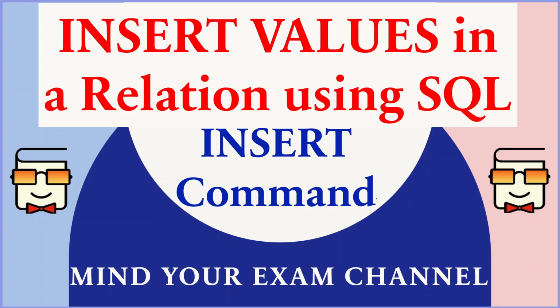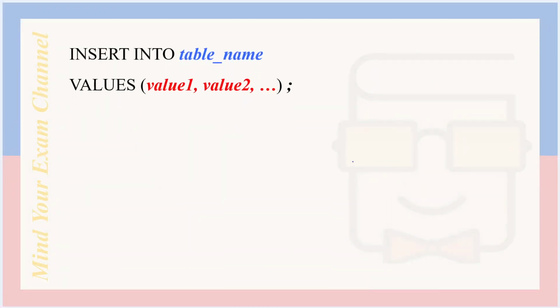So which command will we be using? We'll be using the insert command to execute this particular scenario. Now let's see what is the syntax of the insert command. Insert is always followed by the keyword into, so you write two words, insert into. That means you are specifying the table in which you want to insert new values.